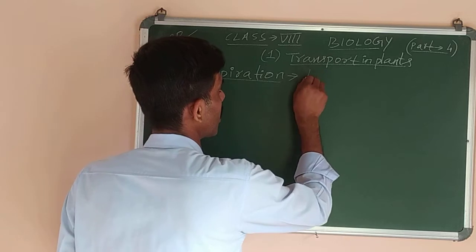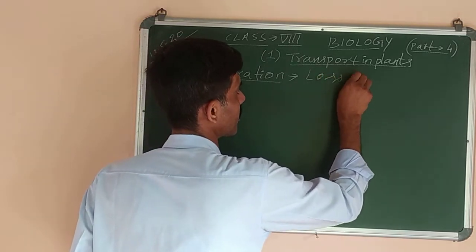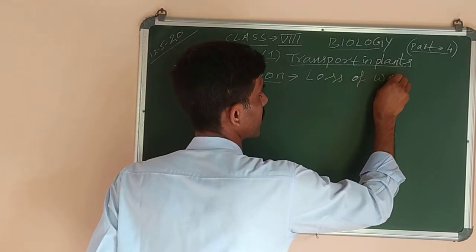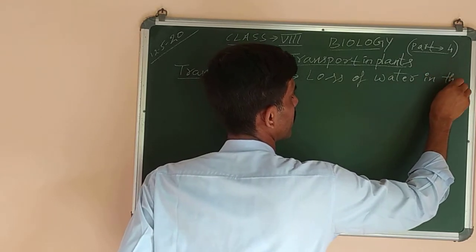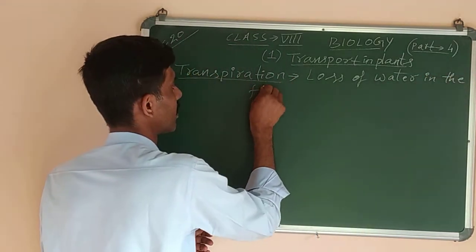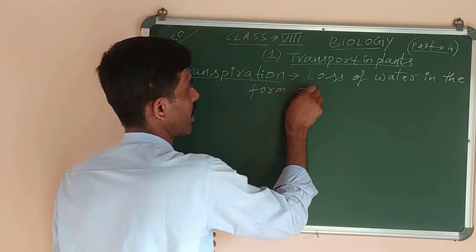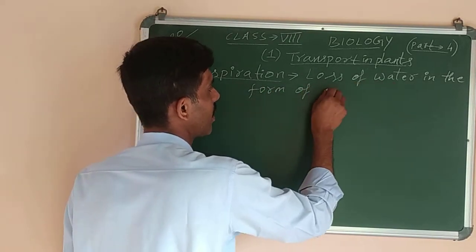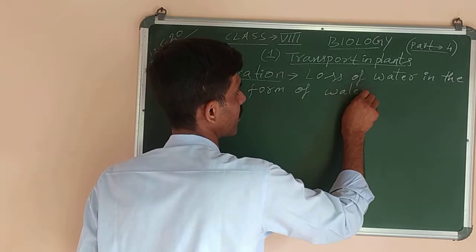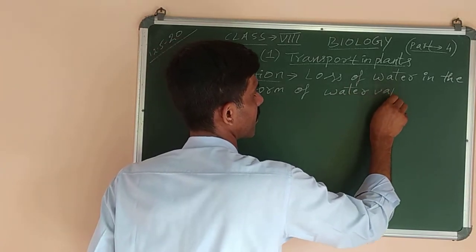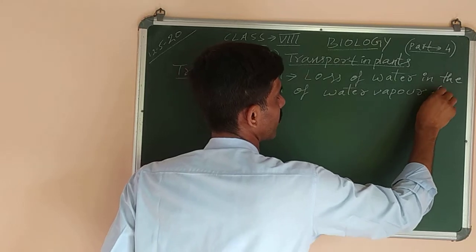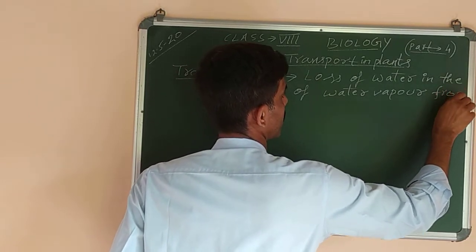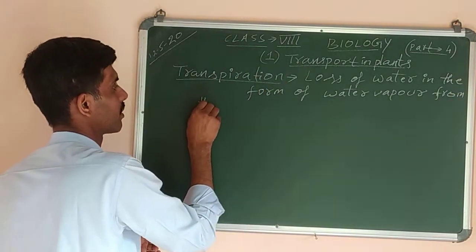Transpiration is loss of water in the form of water vapor, means water is lost in gaseous form from the aerial parts of the plant.